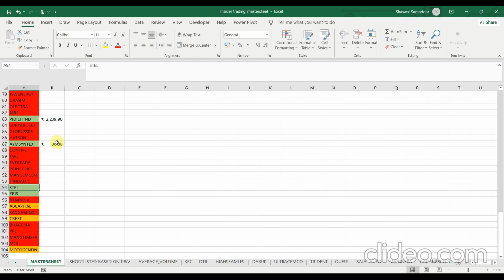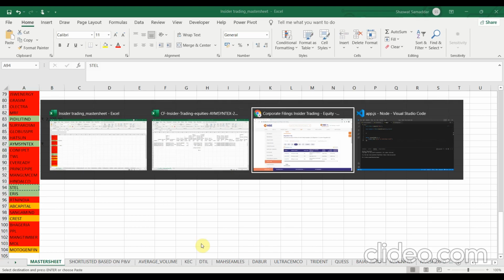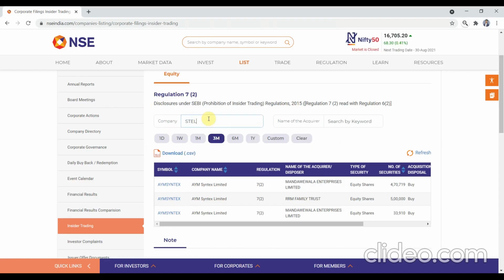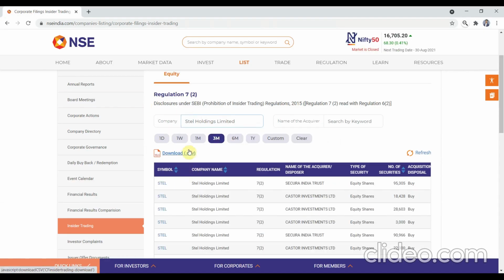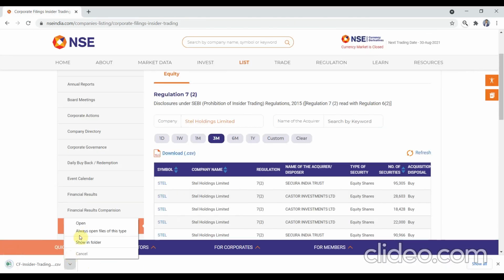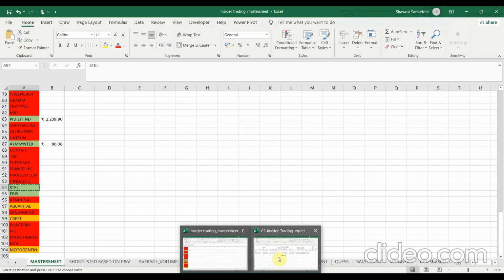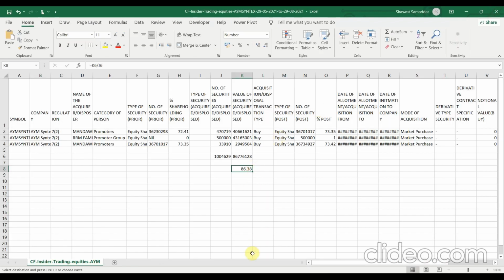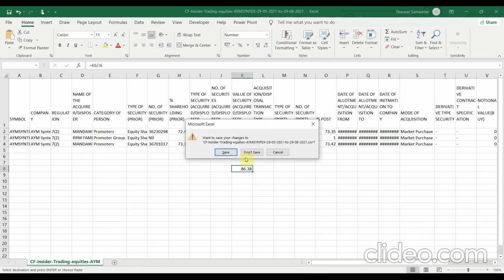Moving on to the next stock, STEL. Paste the company name here. 3 months. Download the file. Open it. Let's just close this one, we do not need this anymore.